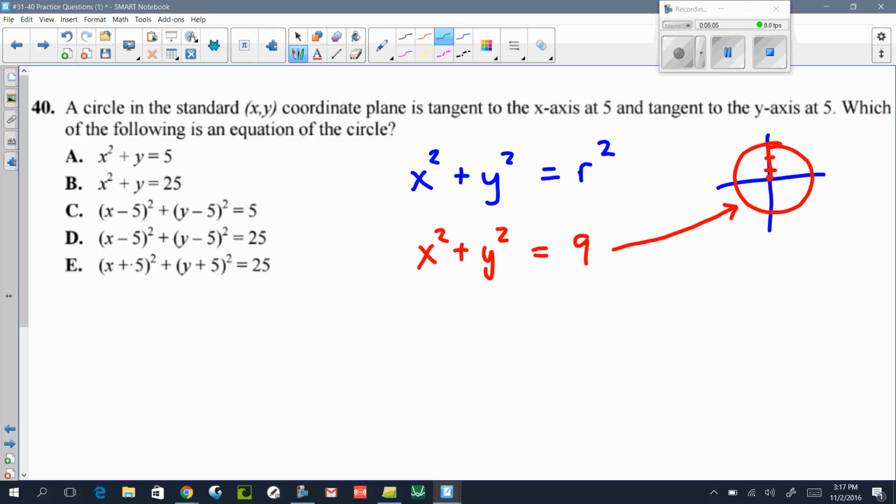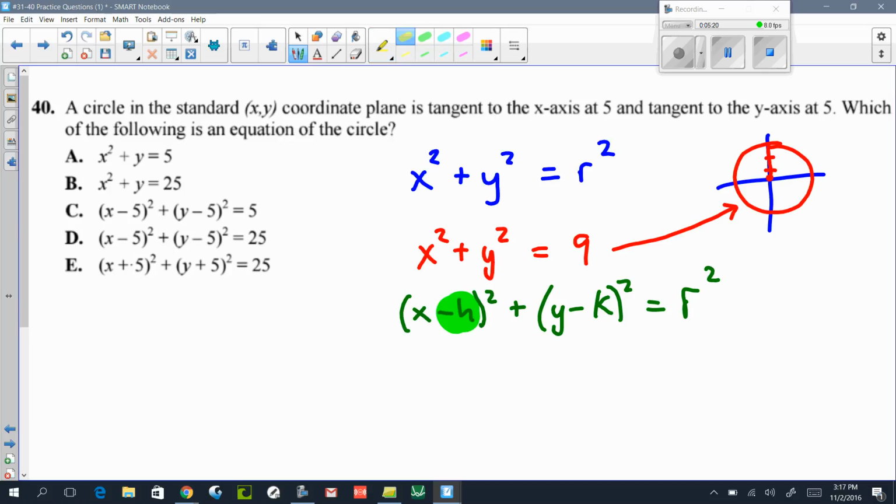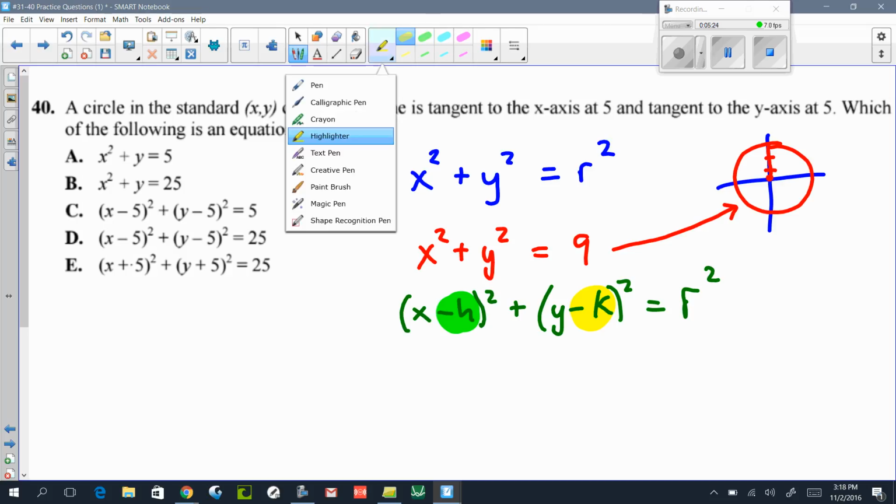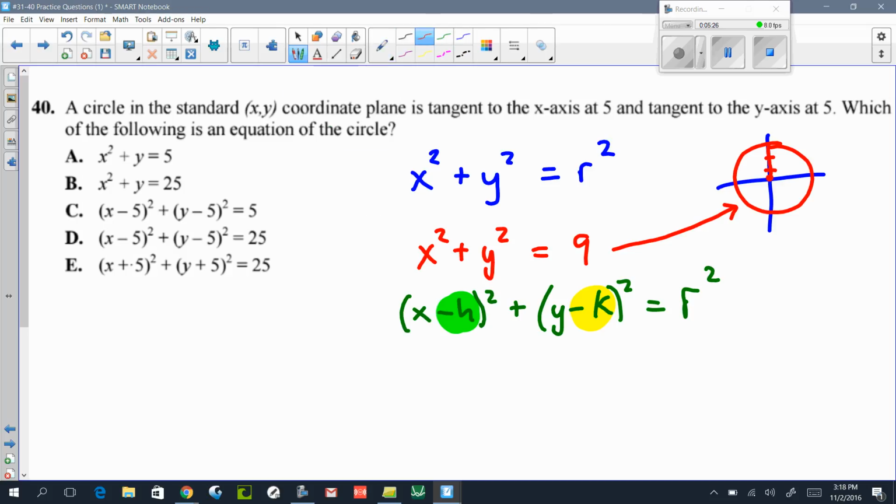Now, just like doing transformations of graphs, if we take this and do x minus h squared plus y minus k squared is equal to r squared, these values inside the parentheses for h and for k are going to determine the center of the circle. Like the other transformations we've learned about in class, if this transformation happens on the inside, it's going to move it left or right that many values.